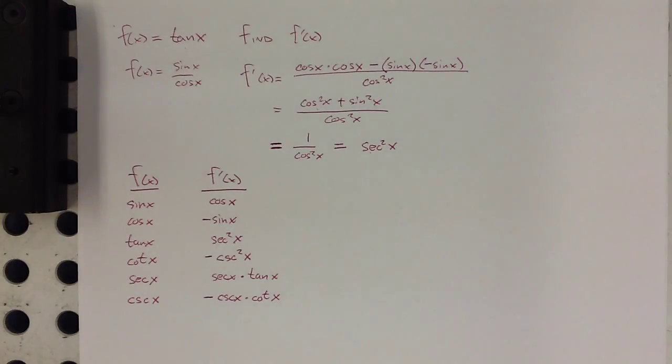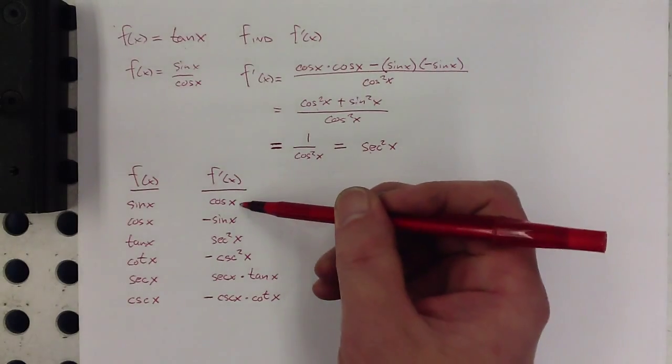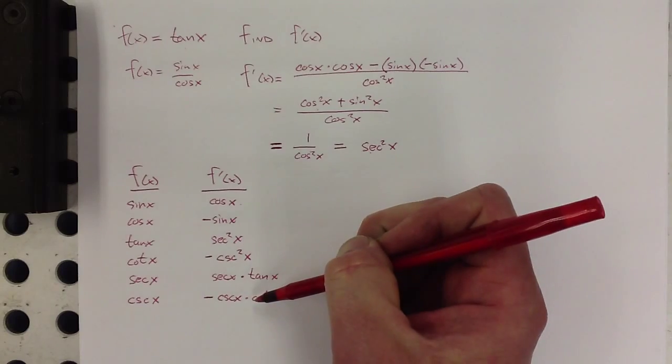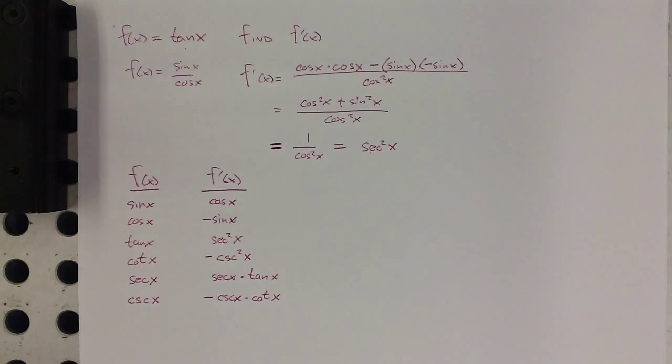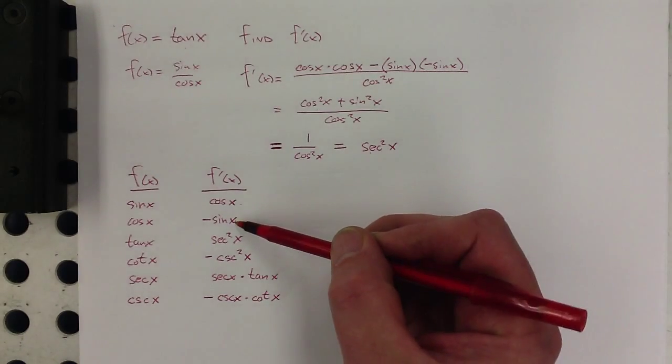All right, now, you need to know these. These need to be memorized. If you only know these two, it's possible to get the rest of them by using the quotient rule. But you're going to refer to and use these often enough, and have to do it speedily enough, that I really don't think it's a good idea to only know these two.